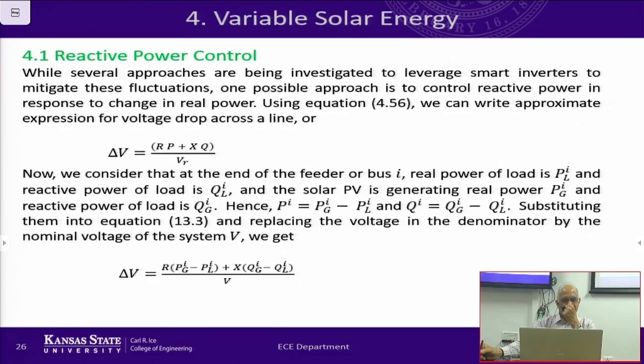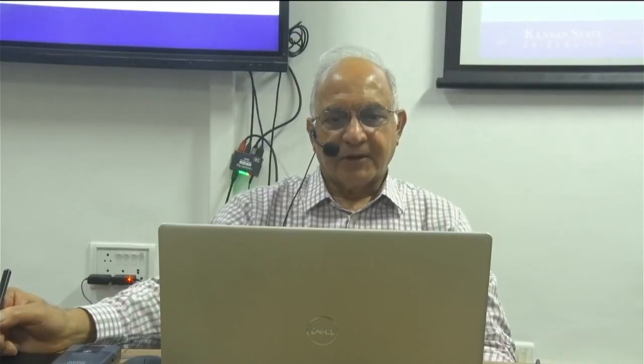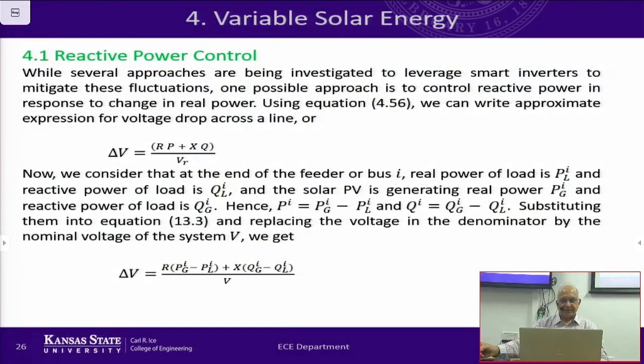As far as the voltage drop is concerned, this is the same formula that I talked to you about yesterday, or Monday, delta V being equal to (RP plus XQ) over V_R. This is the approximation for voltage drop that we discussed. So we consider a case where there is a line, and at the end of the line we have some load.